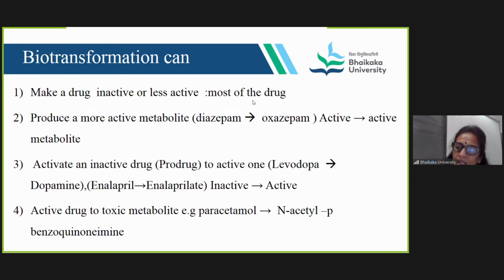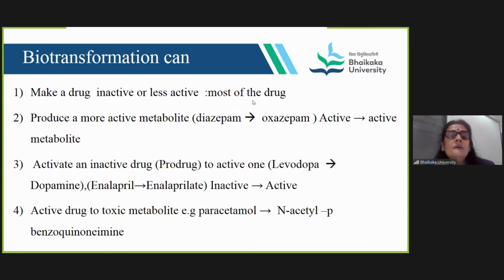They are active outside, and after entering into the body they produce active metabolites. That is the second point. There are certain examples which I have written here. You all have to remember these 2-3 names.